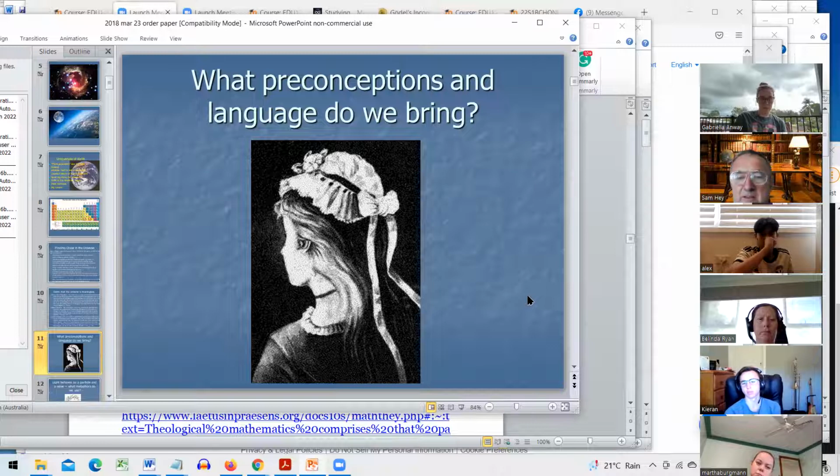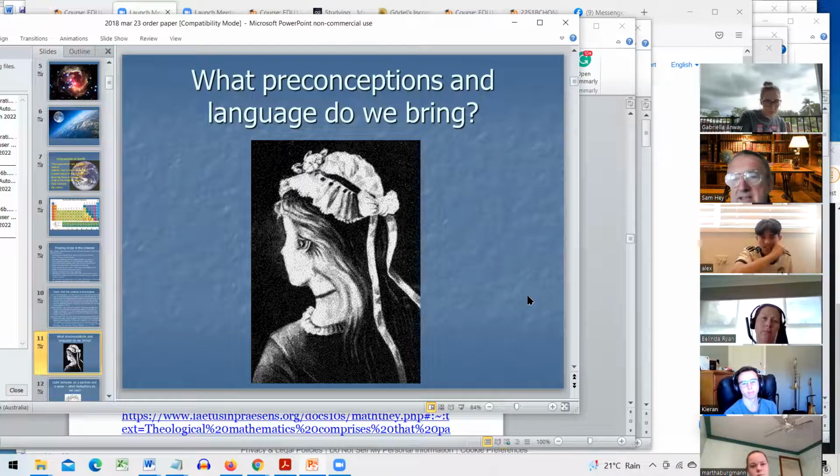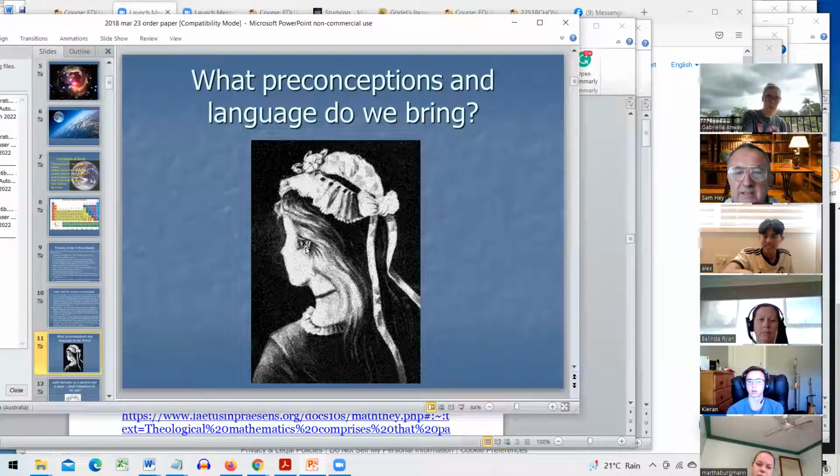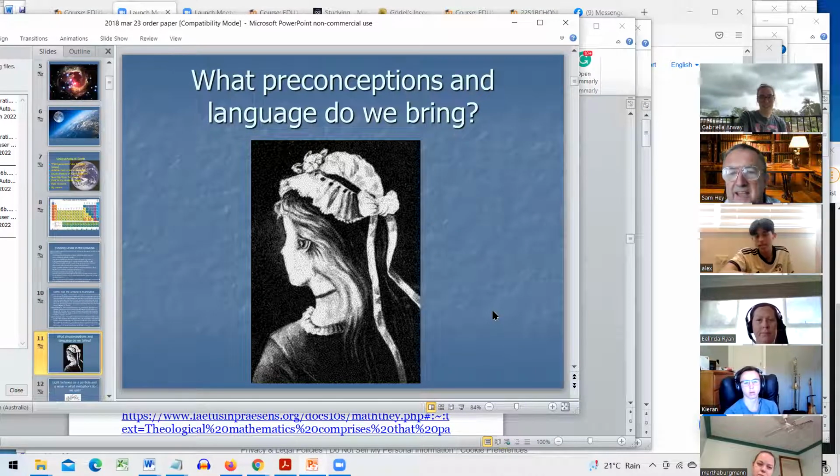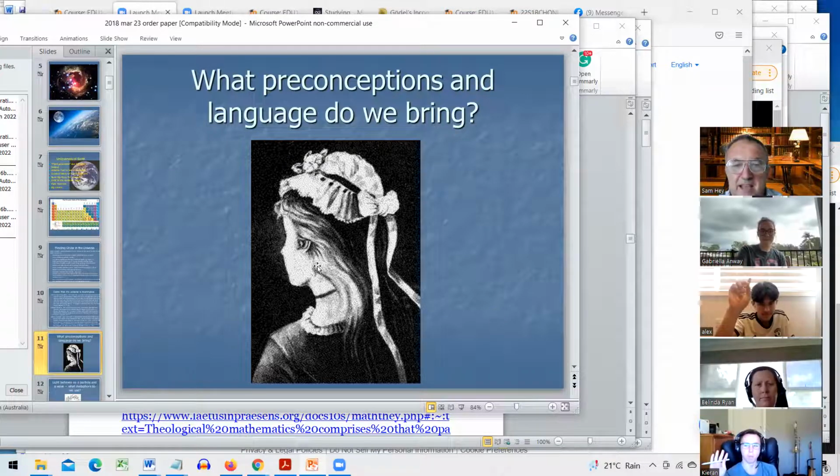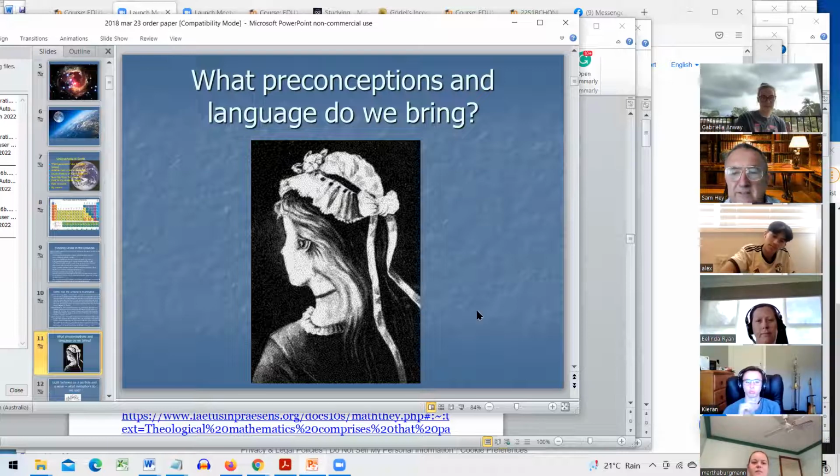So hands up everyone who can see the uglier lady. So that's her mouth, and that's her eye, and that's her nose. And then hands up those who can see the beautiful lady. And so that becomes the necklace, that becomes her ear, that's her eye, and that's her nose there.